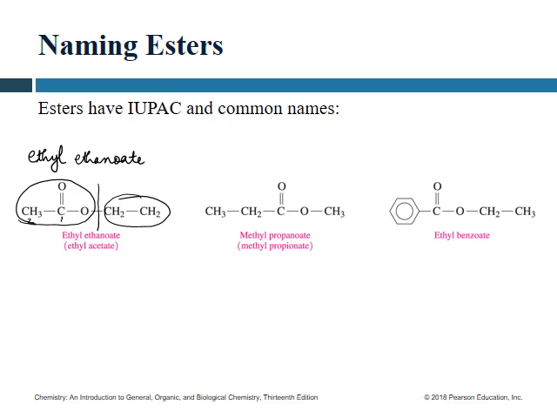Okay, let's name this. This is again an ester, RCOOR, ester. So we break the compound right here. This becomes my alkyl, which is methyl, and this becomes my carboxylate, which is 1, 2, 3 carbon. Don't forget to count this carbon in. This should be counted in. 3 means propanoate.